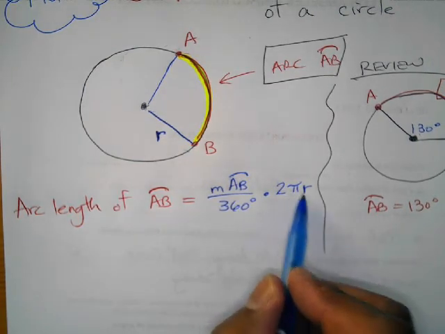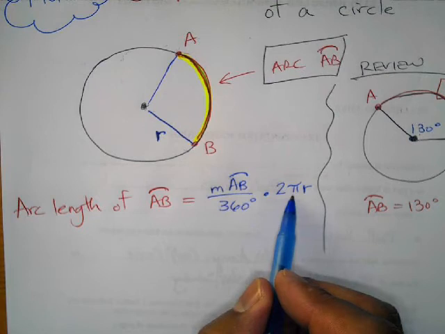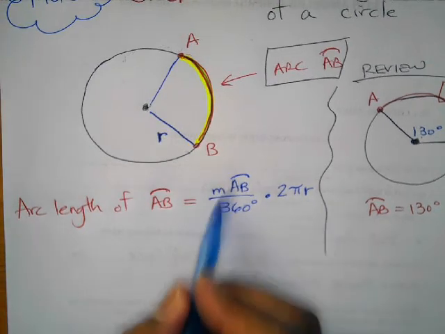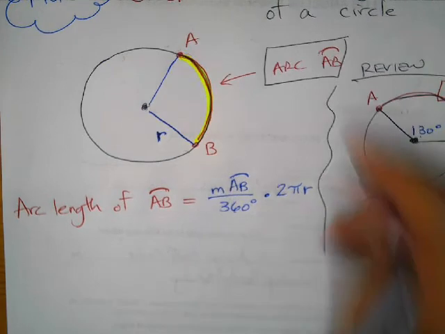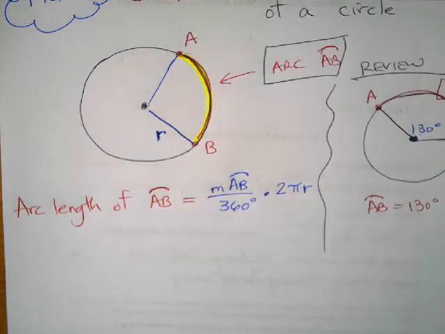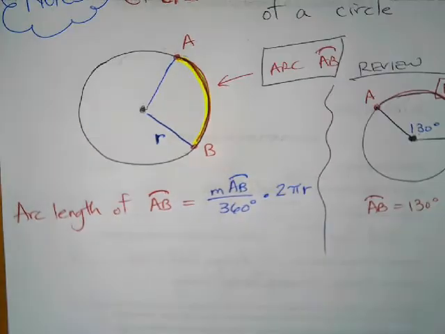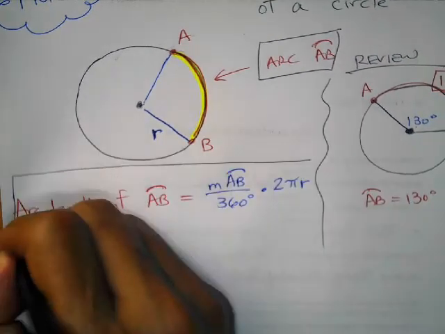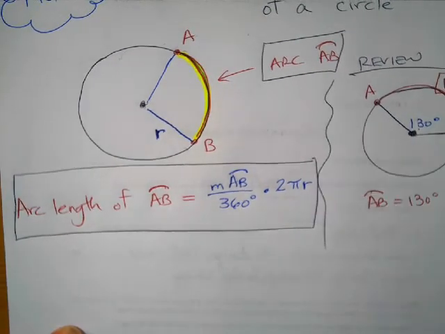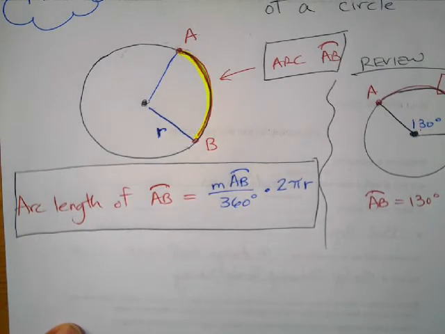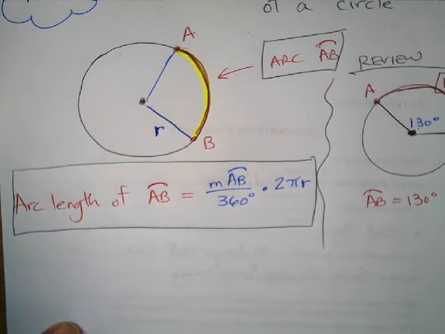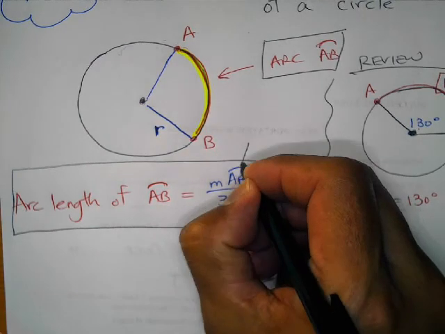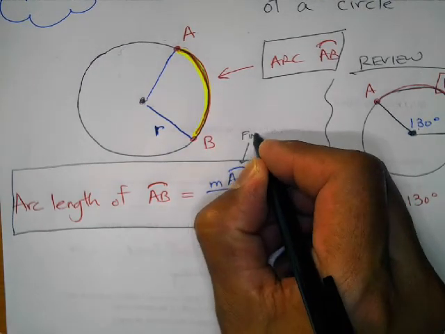So essentially, this part is actually the circumference. If you remember, 2 pi r was the circumference, but we're getting only this fraction of it. We're only getting this part of it. So that's why the formula looks a little bit lengthy or tricky, but there's actually only 2 numbers you have to find out and substitute into the formula.